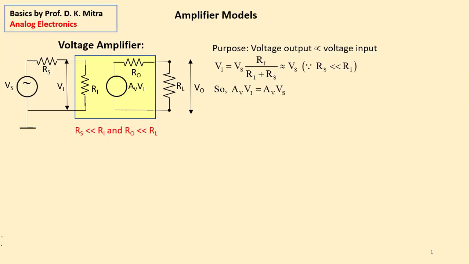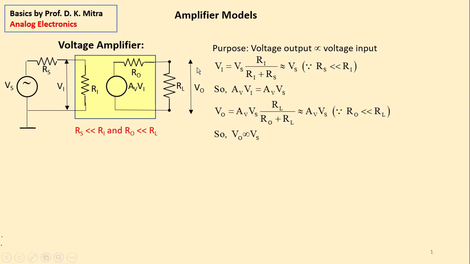In that case, the voltage created by the amplifier, AVVI, is equal to AVVS, because VS is almost equal to VI. So AVVI is equal to AVVS.